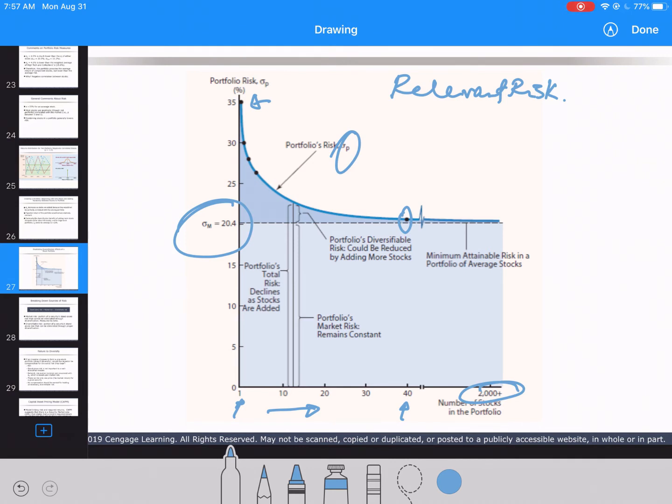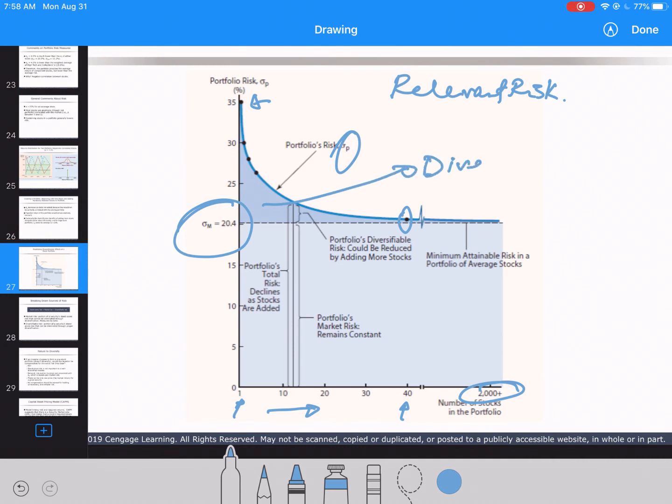So now you are asking, what is the relevant risk? If you are on a 40 stock portfolio, you have diversified some risk totally. And what is the diversifiable risk? The shaded area. This is your diversifiable risk.